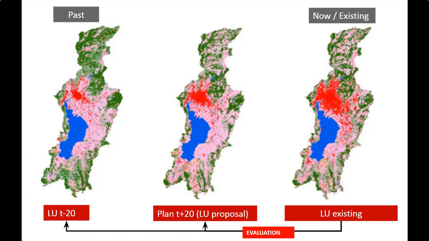If possible, we can also compare the existing land use with the actual land use 20 years ago, or maybe 10 years ago, in the past. So at least two comparisons: existing land use and proposed land use. If possible, we can also compare the existing land use with the land use in the past. So we know how the land use develops and how successful a land use plan is when implemented.